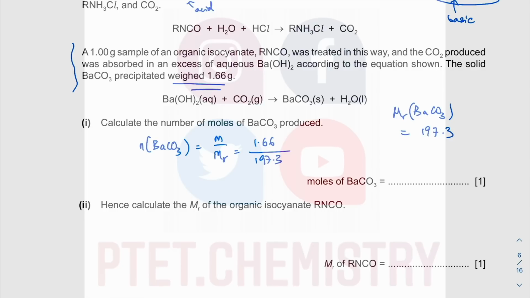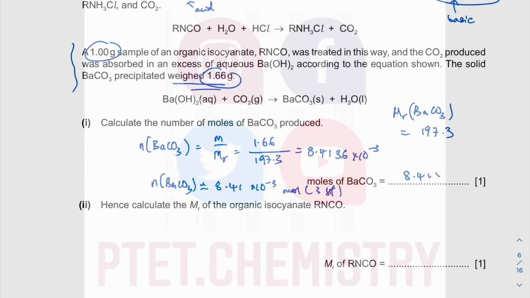And that will give me 8.4136 times 10 to the minus 3. I look at the value given. There are 3 significant figures, so I can round them up. 8.41 times 10 to the minus 3 mole, 3 sig fig, okay? Appropriate number of significant figures, yeah?